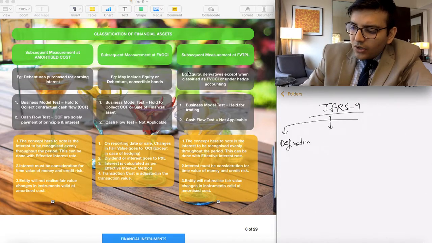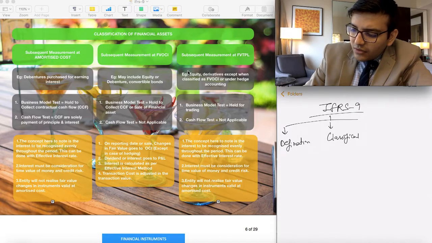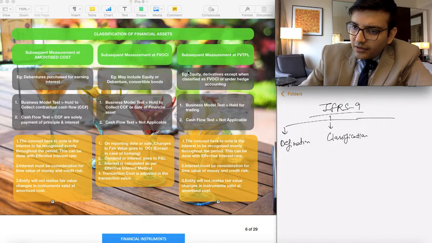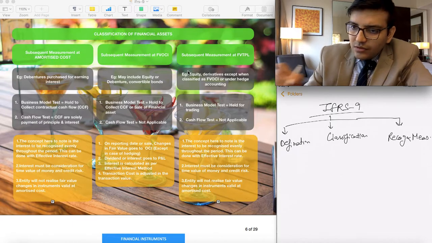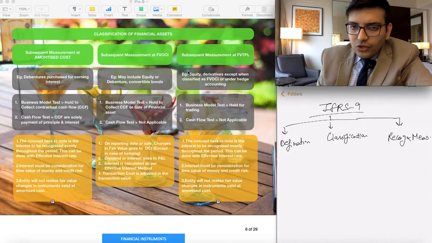Now we'll go for what is the classification criteria in IFRS 9. Number 3 will go for recognition and measurement, and last we'll go for the disclosures.